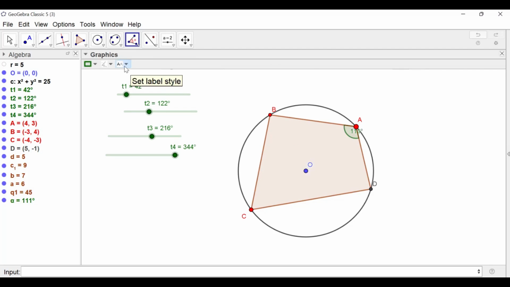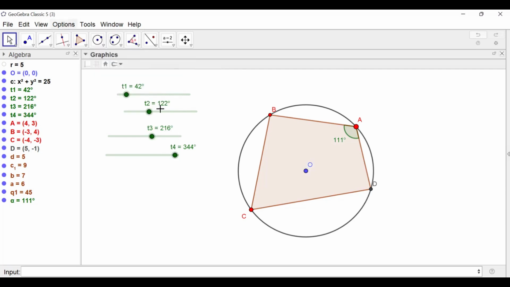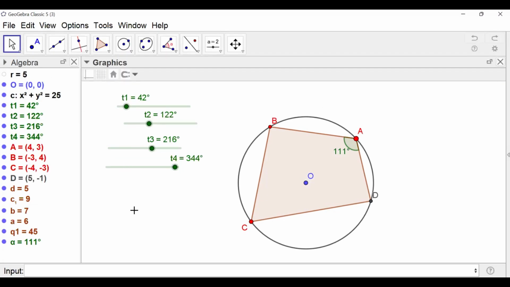Let's see the size of the angle there. Guys, can you see it? 111 degrees. Let me see if I can increase the font so that you can see that clearly. 111 degrees, guys.